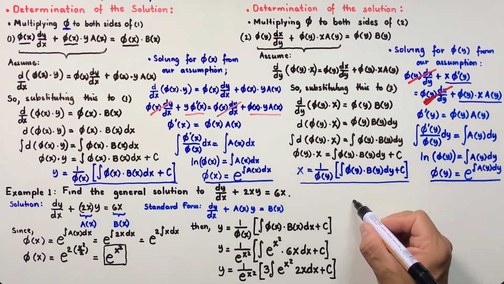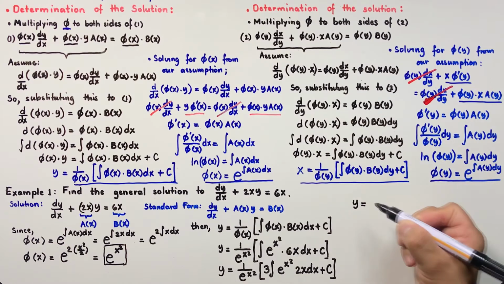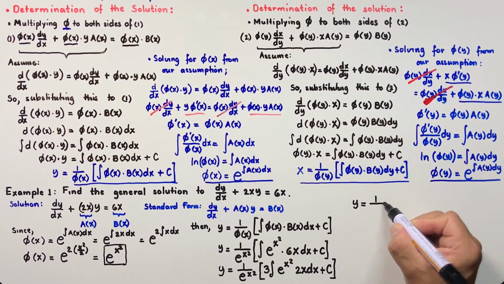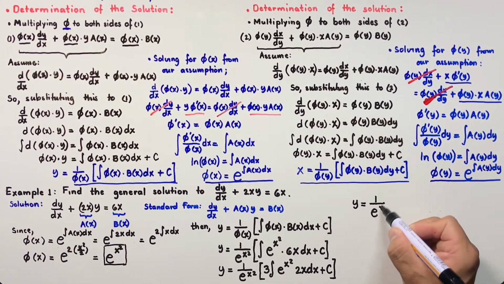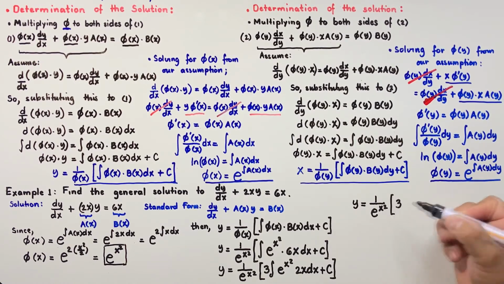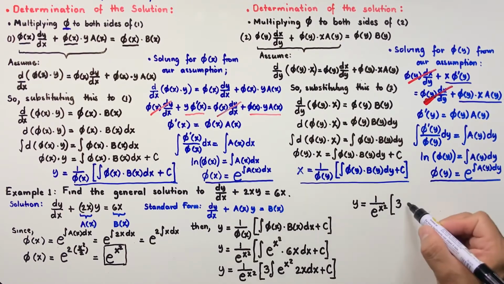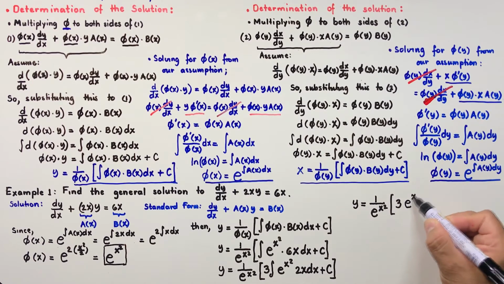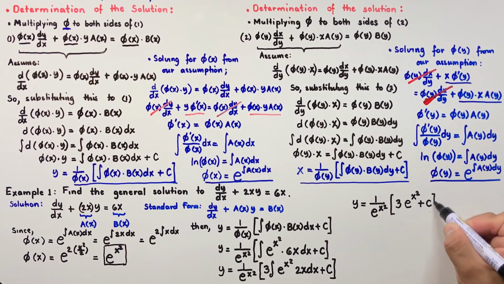So we have our solution function, which is equal to 1 over e to the power x squared times 3 times the integral of e to the power x squared times 2x dx, which is e to the power x squared. And this is added to the constant of integration c.